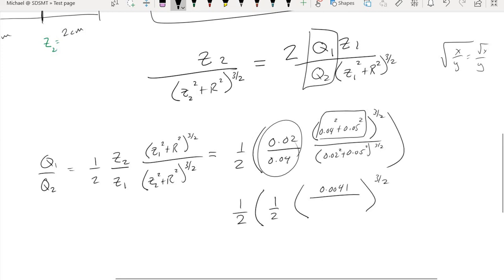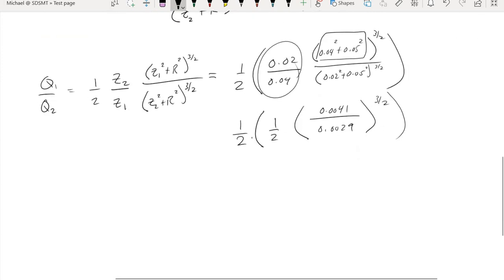And then in the bottom we have 0.02 squared plus our 0.05 squared, which is 0.0029. And so we can combine those. The 1/2 and the 1/2 will combine to a 1/4.